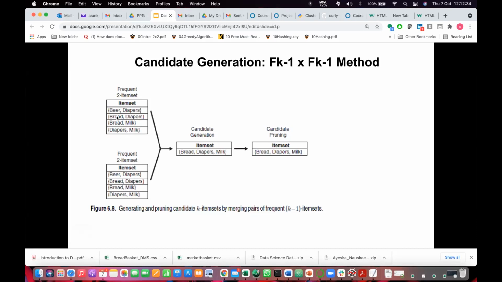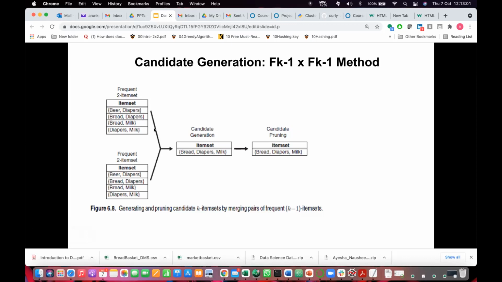Whenever the first element is the same, we will combine the second elements. So bread is the same for bread diapers, we will eliminate that. We have bread diapers and bread milk, so we will add bread, diapers and milk. Means the last but one element should be the same.